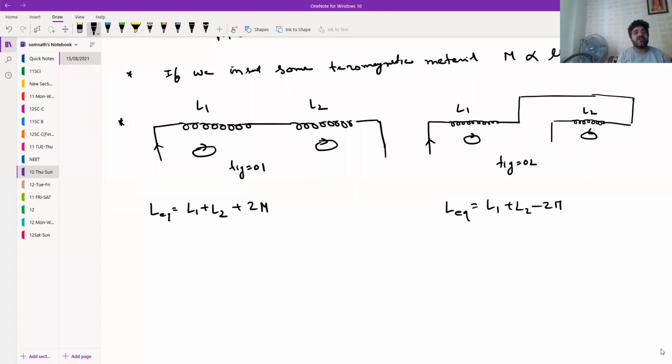So it's so much confusing. For two, that much complicated. If I give you three, it's more complicated. So they never give you questions to find the net inductance. Only these two questions they can give you, either this one or this one. Only that is the limitation.